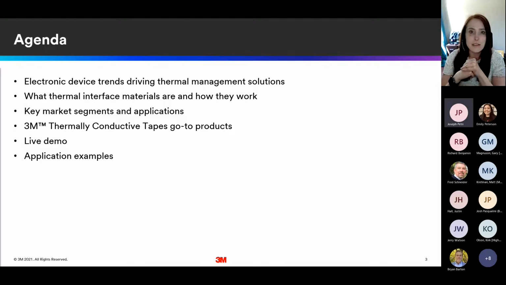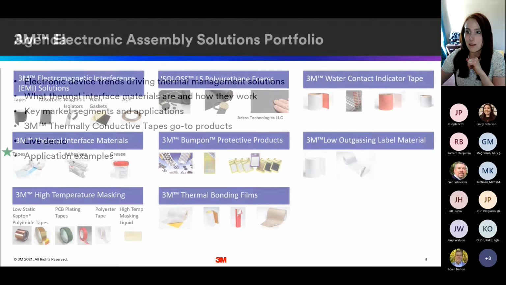And then we've got a couple of examples of applications just to show you real world scenarios of where these have been used and why. Again, feel free to put something in the chat if you have a question or a comment, and we'll also have some time at the end. We don't expect to be chatting for anything over 20 minutes, so we'll have plenty of time. And with that, I'll just get going here.